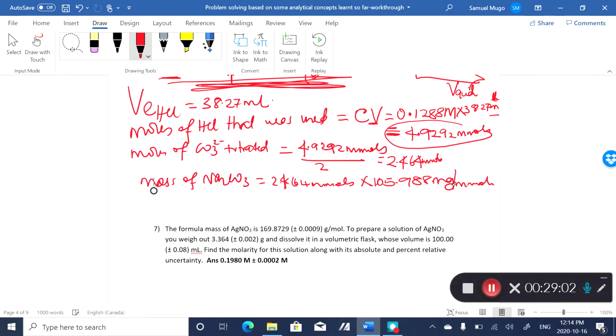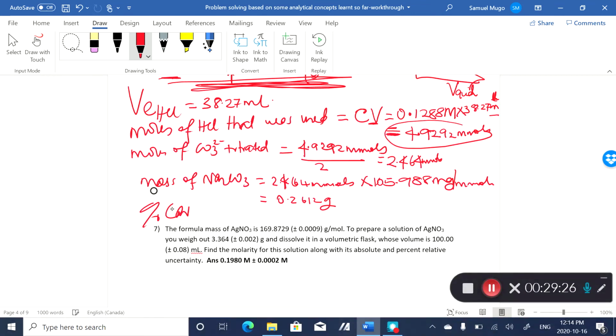And as I say, there's no reason why you cannot keep it in milligrams or grams. So you're going to see that the mass here is 0.2612 grams, or if you multiply that by 1,000, it's going to be 261 milligrams.